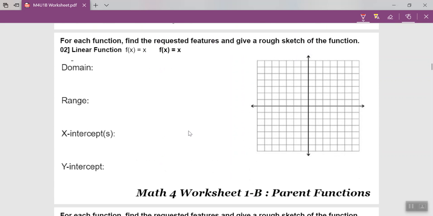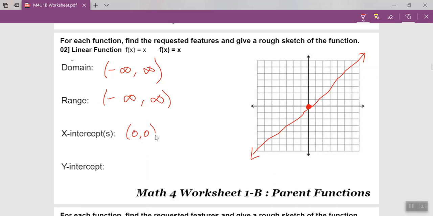And then we're going to go through and find all of these features. That was a little rougher, but it goes through the origin. The domain is going to be all real numbers, and the range is going to be all real numbers. The x-intercept is going to be at 0, 0, and so is the y-intercept going to be at 0, 0.